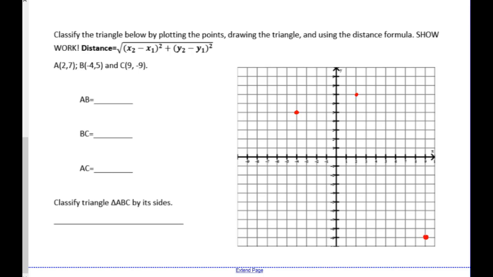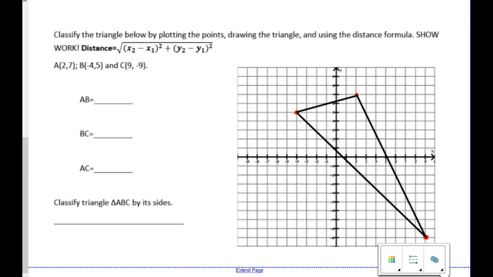Okay. So let's make some straight lines. Alright. Now we need to use our distance formula. So let's set them up, and then we will plug them all in.